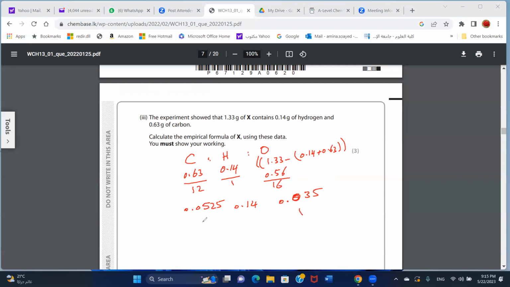So for carbon, it would be 1.5. And for hydrogen, it would be 4. And then to get whole numbers, you multiply everything by 2. So carbon would be 3, hydrogen would be 8, oxygen would be 2. Excellent. So the empirical formula is C3H8O2, isn't it? Yes, excellent. Excellent, Miral.